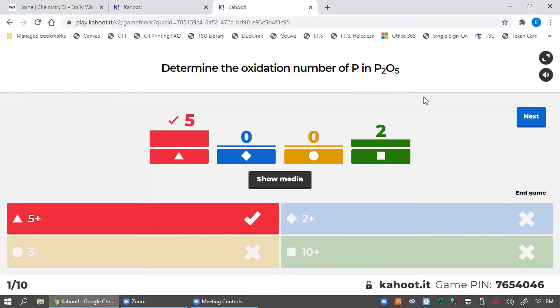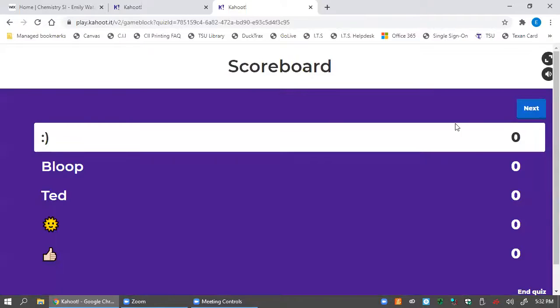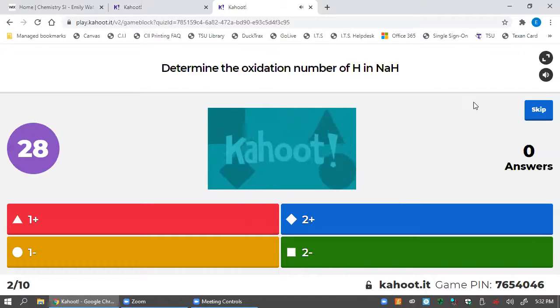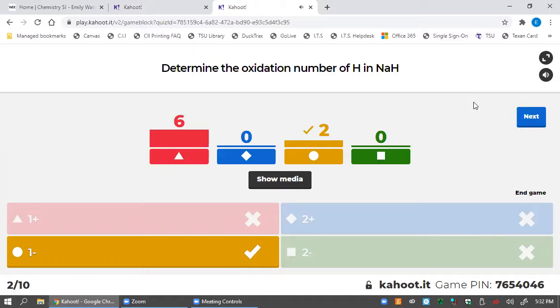You have to divide it by 2 to get that 1.